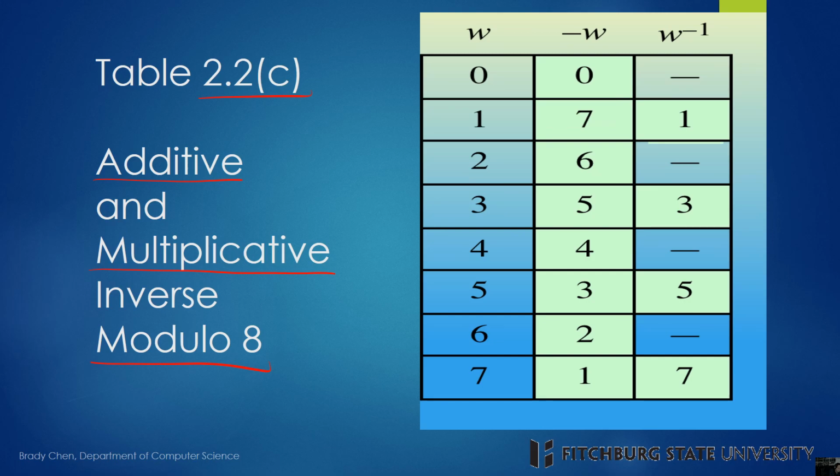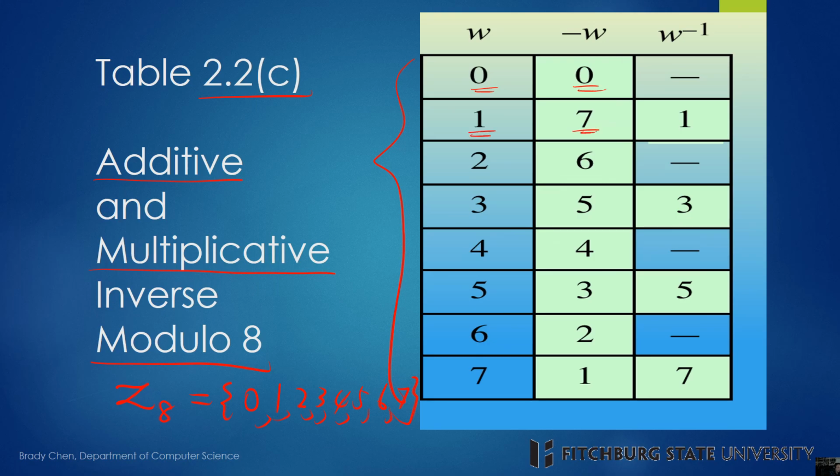The table is also for the elements in Z8, because we are talking about the numbers 0, 1, 2, 3, 4, 5, 6, 7. So what is the additive inverse? Every element in Z8 has an additive inverse. So 0 is the inverse of 0 modulo 8.